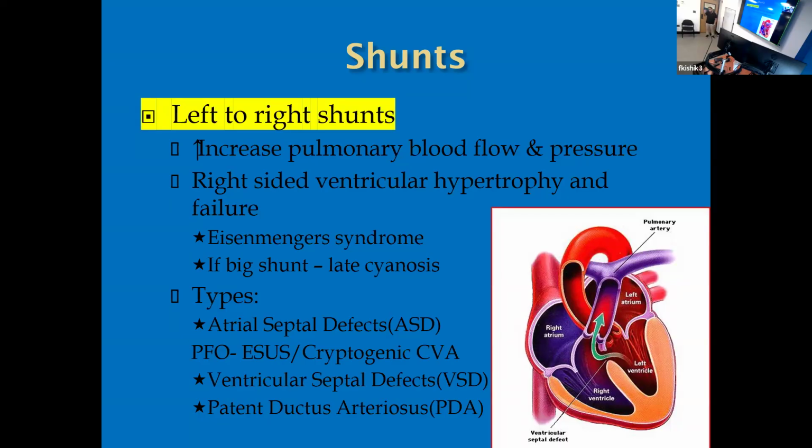These are disasters. So transposition of the great vessels, you see how that's a swap, right? So the RV flow is still going to the aorta. You're getting deoxygenated blood systemically. It's an issue that's only able to be overcome for a certain period of time. So that's called transposition of the great vessels? Yes.